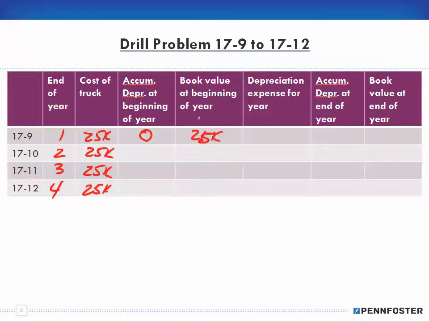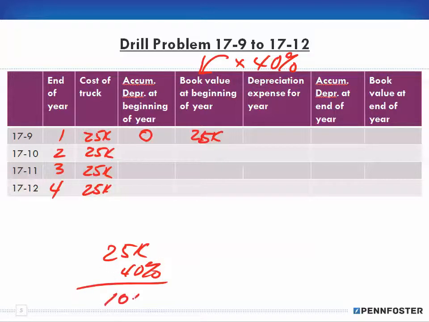So now our depreciation expense for the year is our book value at the beginning of the year times our percentage, which we had as 40%. So 25,000 times 40% gives us $10,000. That's the depreciation expense for year 1.